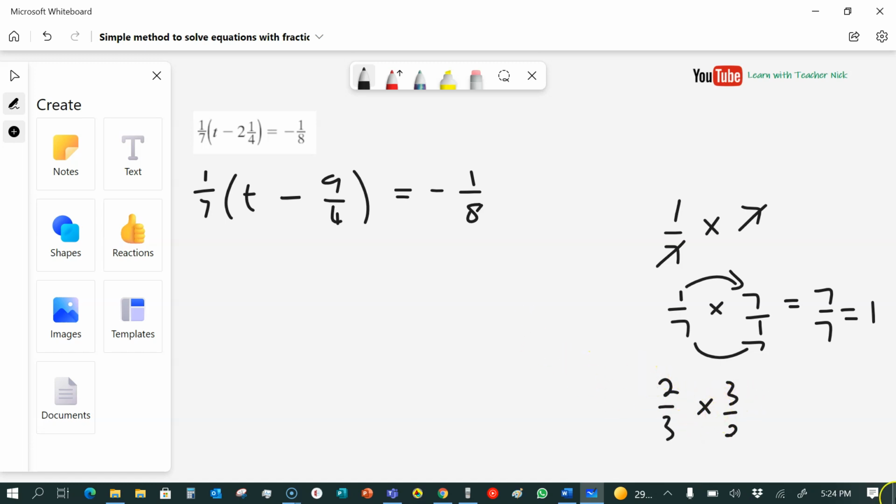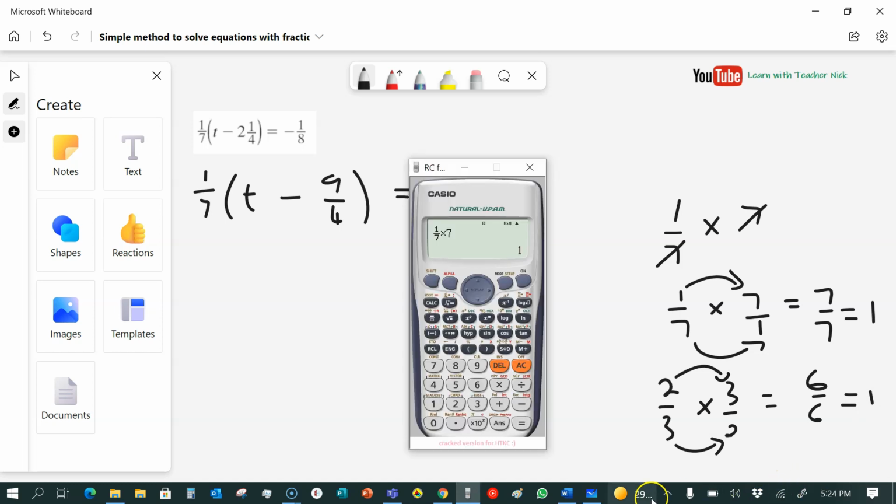This will be equal to 1 as well, because 2 times 3 is going to give you 6, and 3 times 2 is going to give you 6 as well. 6 divided by 6 is 1. You can also use a calculator here to verify: 2 over 3 multiplied by 3 over 2 gives you 1. So this is how you get rid of these fractions.